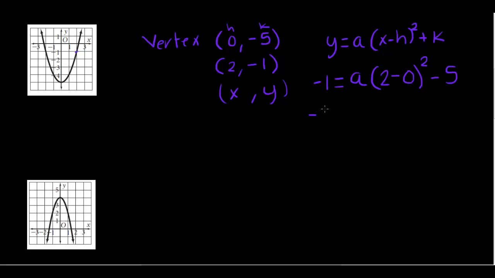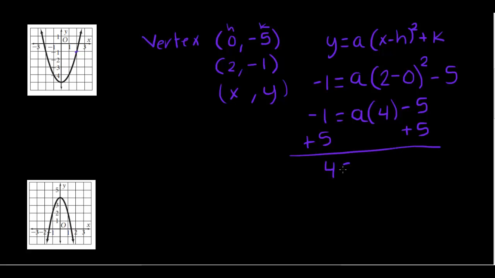So that's going to give me -1 equals a, 2 minus 0 is 2, 2 times 2 is 4, minus 5. Then we're going to add 5 to both sides. -1 plus 5 is 4, equals 4a. We divide by 4.